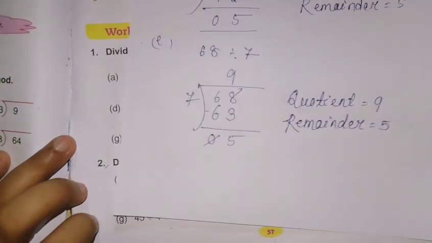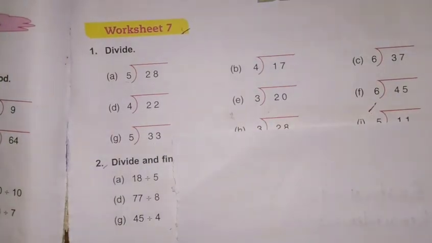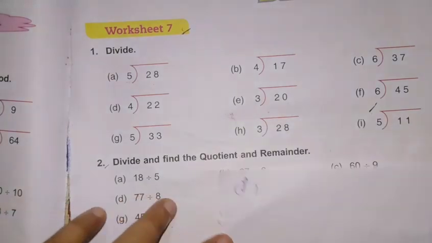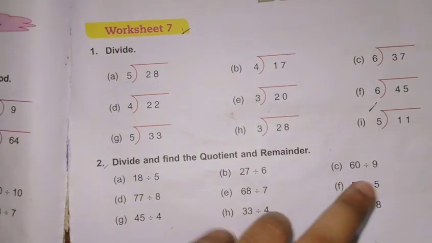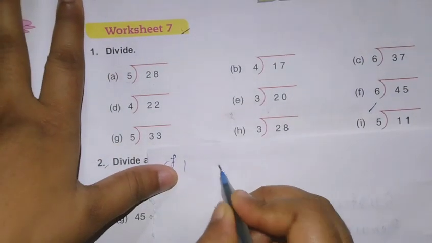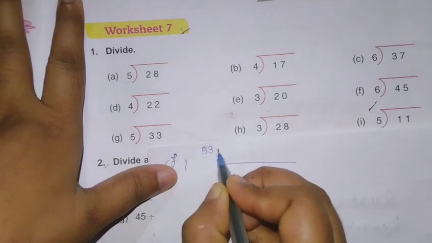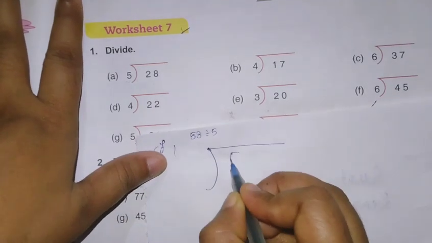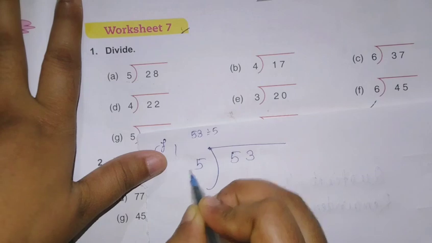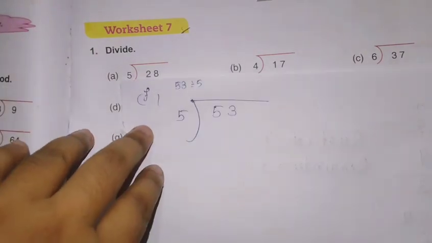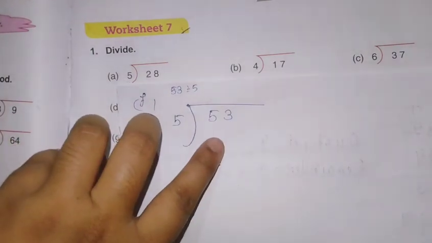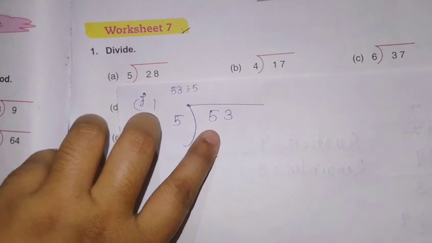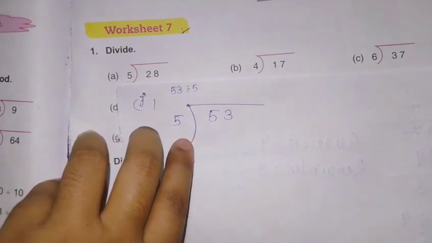Now we solve another point F. 53 divided by 5. First, we recite the multiplication table of 5 till we get 53. 53 we cannot get in the multiplication table of 5.